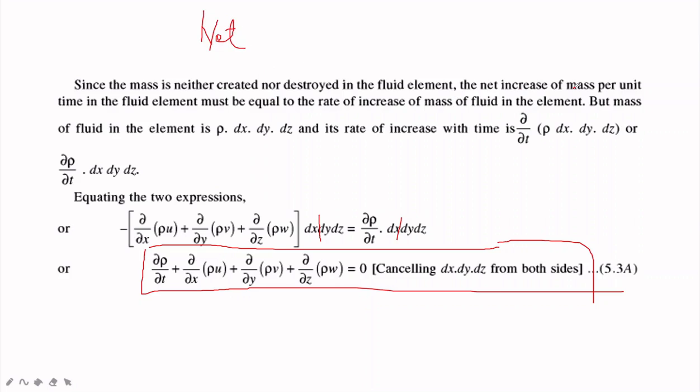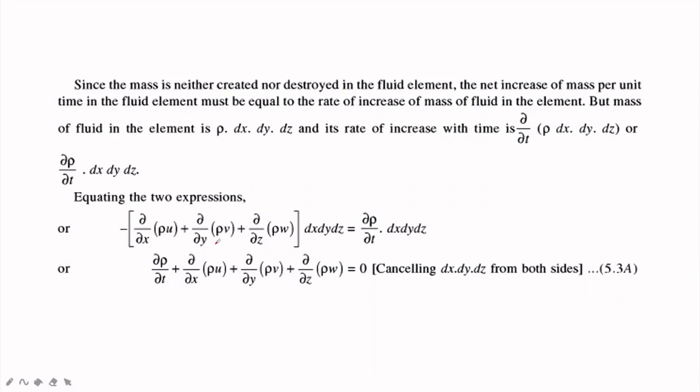The net increase of mass per unit time in the fluid element, which is the negative of ∂(ρu)/∂x dx dy dz in the x direction, must be equal to the rate of increase of mass of fluid in the element. Mass moves from face ABCD to face EFGH in the direction of dx, taking some time, and whatever moves in that time is equal to it.